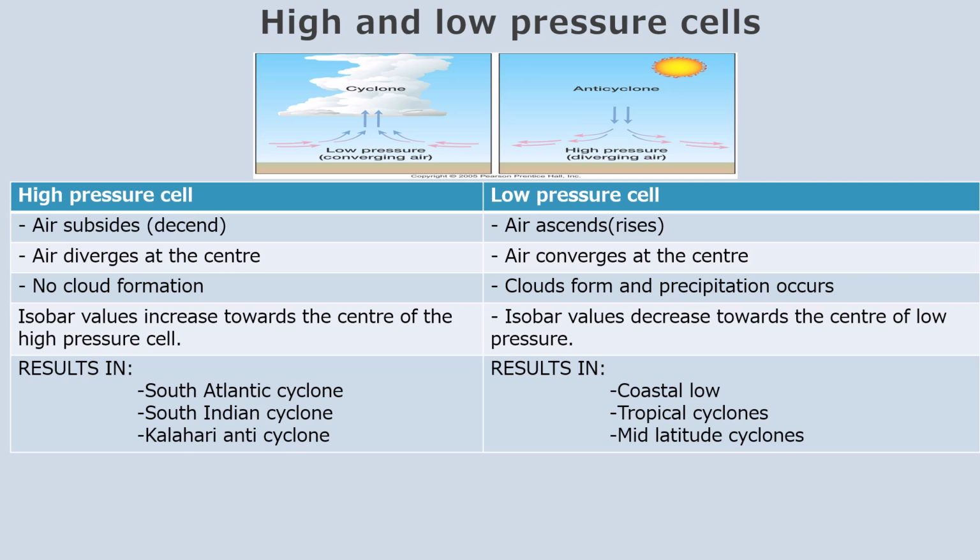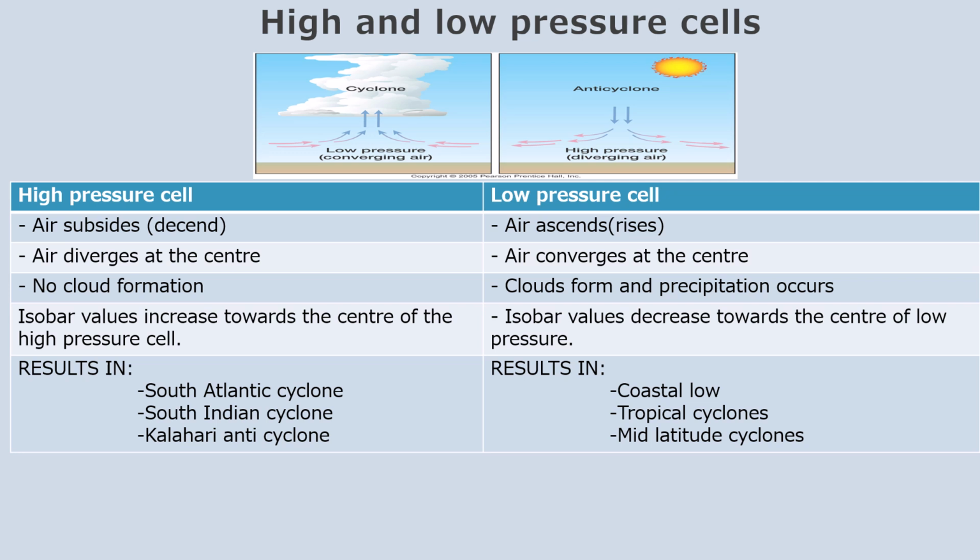Then under the high pressure cell, we are now considering the isobar value. The isobaric value is the measure of wind pressure, or simply air pressure. Air pressure in geography is shown by isobars. You've got the lines of isobars around a certain pressure cell, might be a high pressure cell or a low pressure cell.